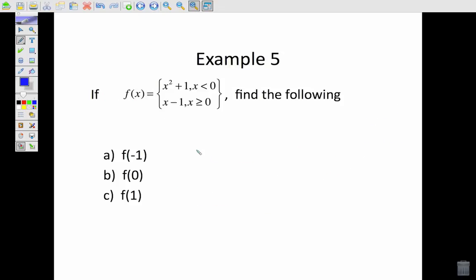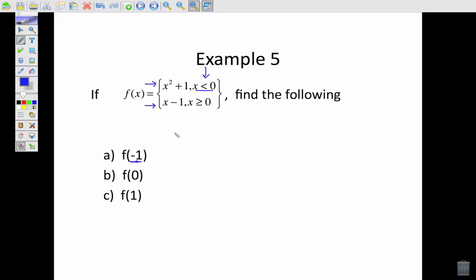All right, here's how you evaluate into a piecewise function. You need to determine which piece you put the -1 into. Do you put it into the first part of the function, or do you put it into the second part of the function? You look at the value and you have to apply it to the domain. -1 falls in x less than 0. It falls here.